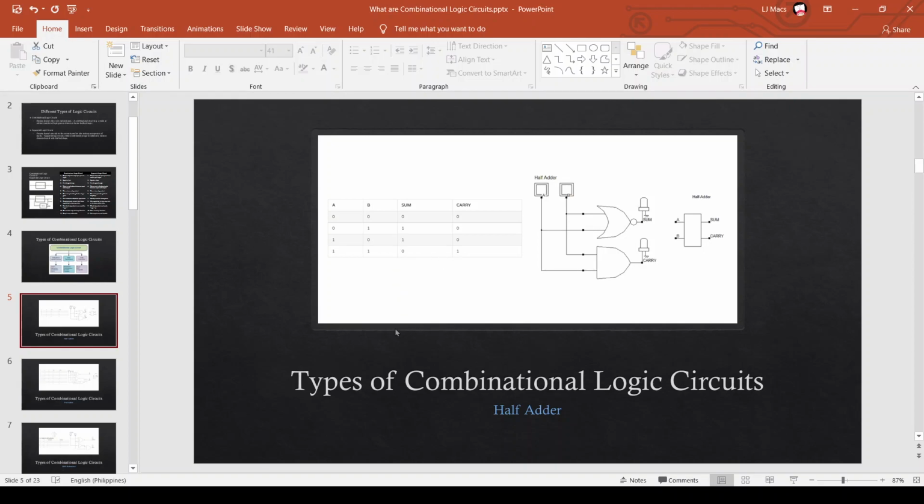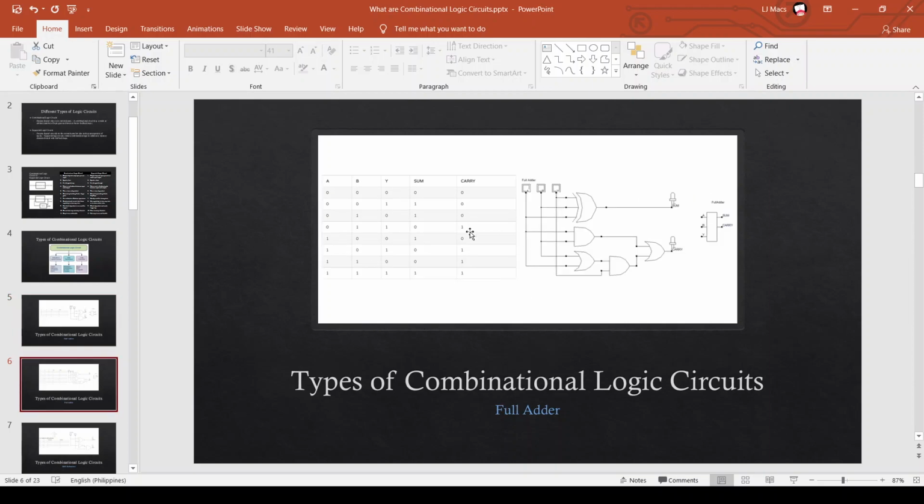That should be 10 in binary, which is 2 in decimal, so 1 plus 1 is also 2, and that's why it should be written 10. If we put 1 and 1 here, our sum will be 0 and our carry will be 1.